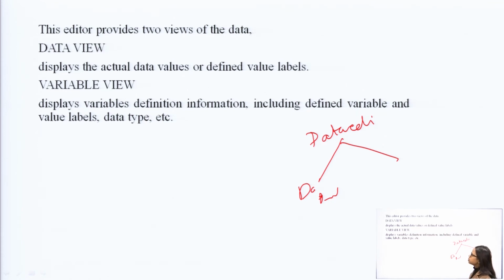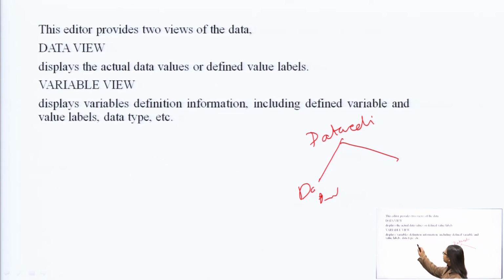Data view displays the actual data values or defined value labels, whereas variable view displays variable definition information including defined variable and value labels, data type, etc.